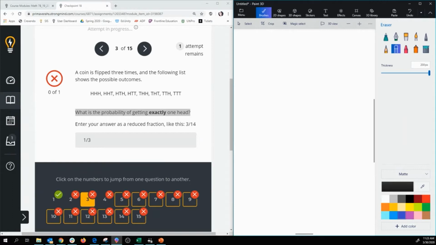So what's the probability of getting exactly 1 head? And let me know when you guys find this one. Okay, no problem.